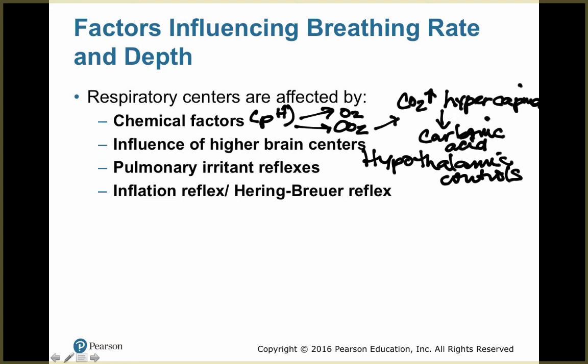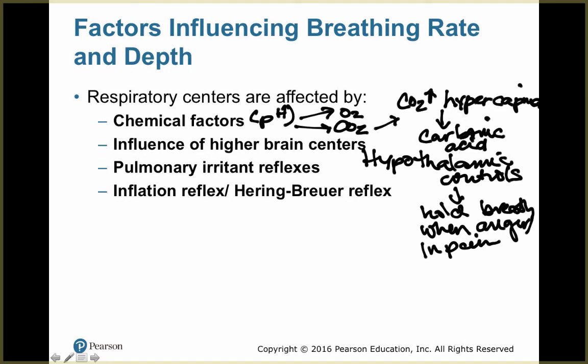So that can happen here when angry or in pain. A change in body temperature can change the rate, right? And so that affects whenever you're thinking about the hypothalamus.